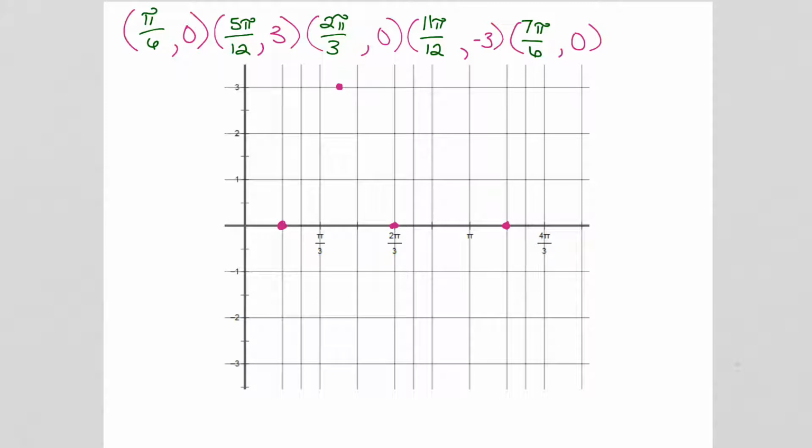And then about halfway between 2 pi over 3 and 7 pi over 6, we have our negative 3. And so, now we have our graph. There is one period of this graph. And we could go on from there, but we don't really have to. We want one period. Done.